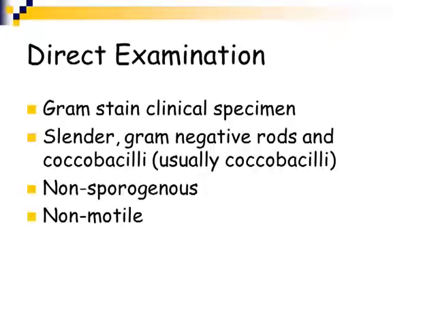That is when you look directly at a clinical specimen, so you don't rely on growing the clinical specimen on agar medium or in a broth. You take that clinical specimen, and usually you put it onto a slide in various ways depending on the specimen, then you gram stain it and look for the organisms directly in the clinical specimen.